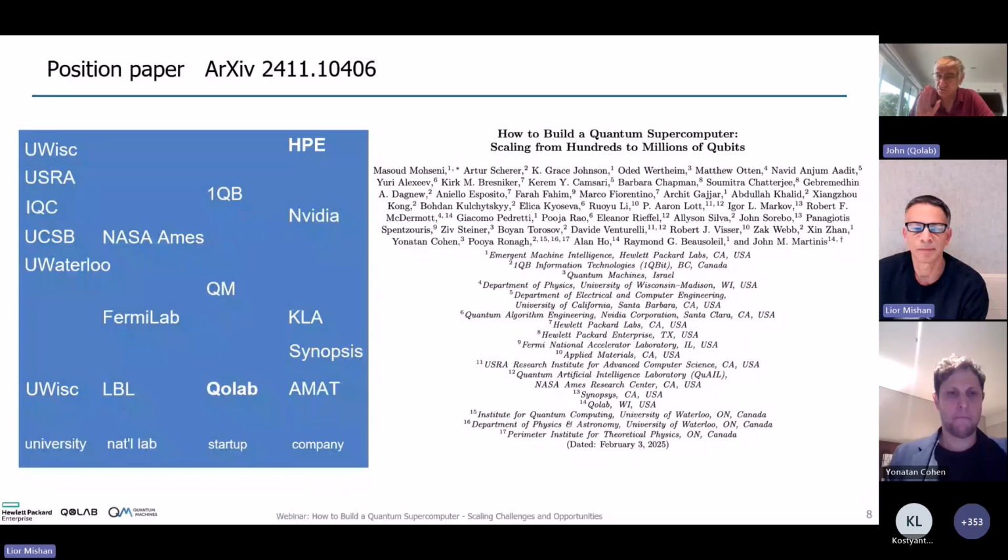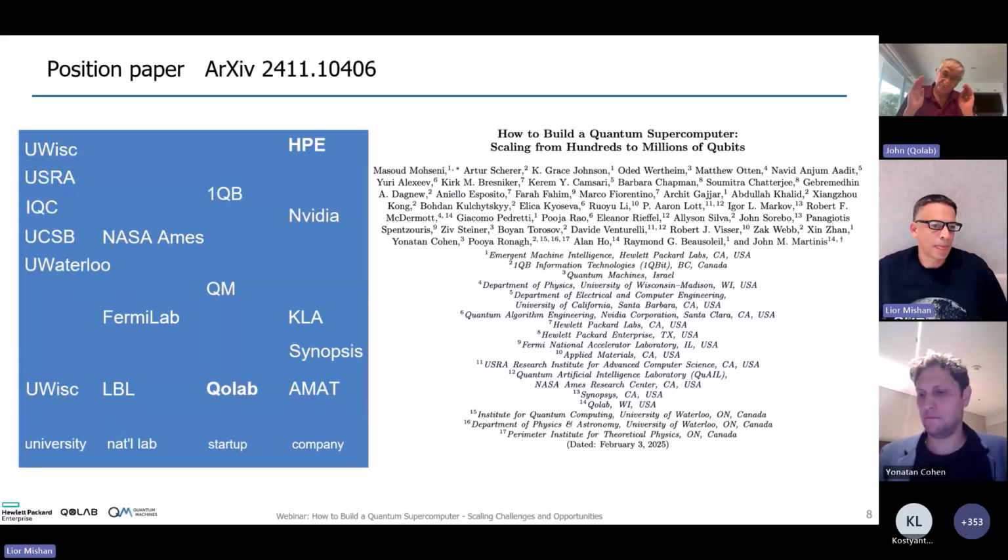And we wanted to describe how we think we're going to do this, and we also want to motivate other qubit types to do the same thing, which I think will really give a lot of focus to the field to really figure out how to build a quantum computer.